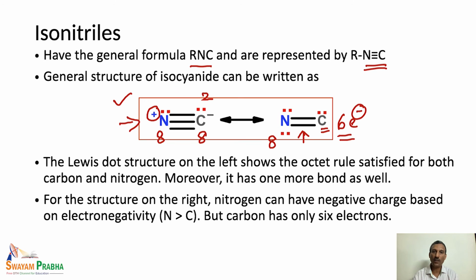So, that is the reason there is an incomplete octet for this carbon atom. Of course, this compound is neutral, with no charge present, but it also has one less bond. So, that is the reason the right hand structure is not the preferred one and the left hand structure is the most preferred one for isonitriles.